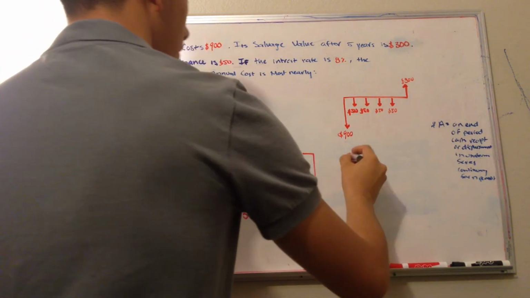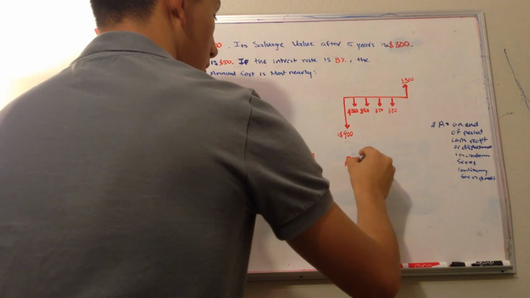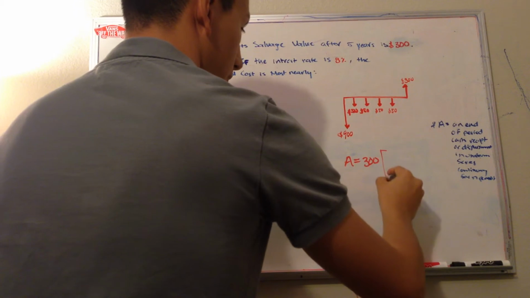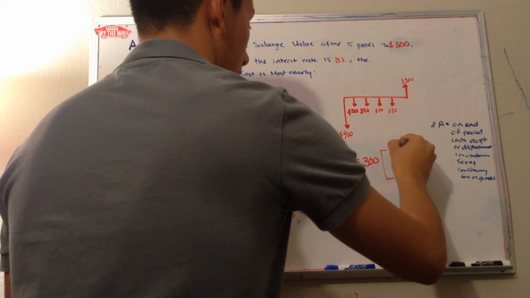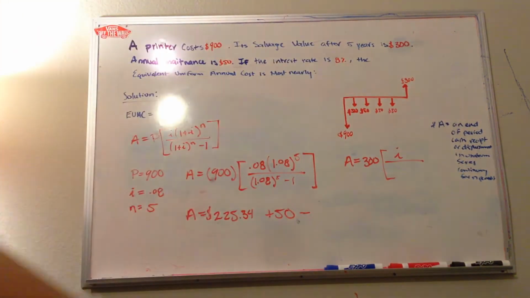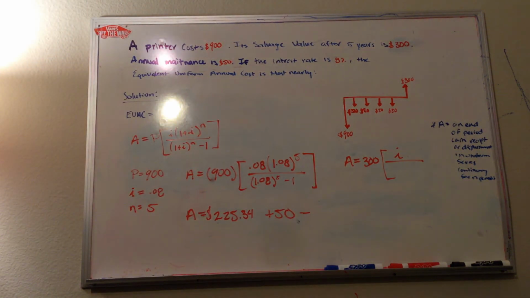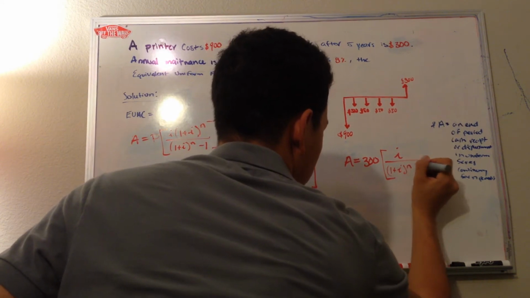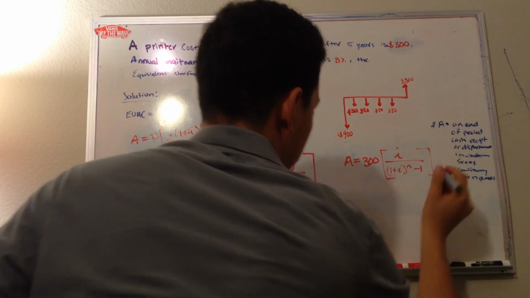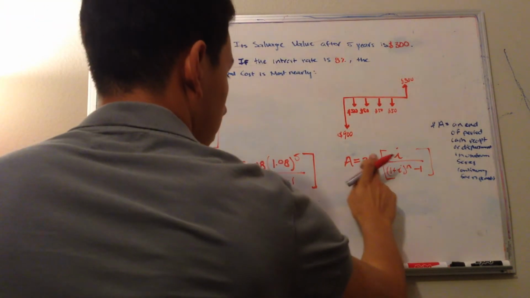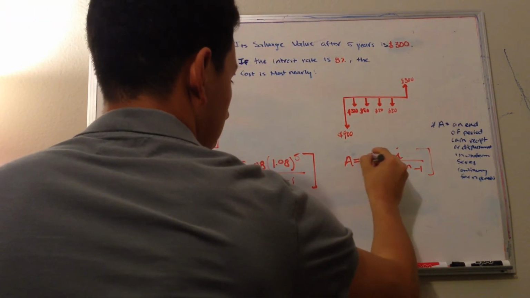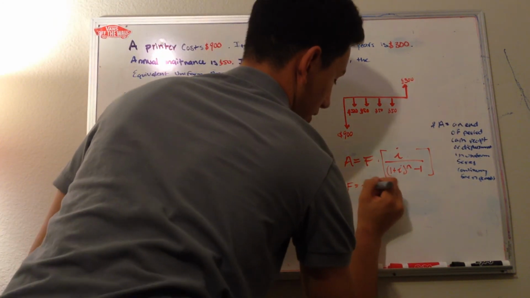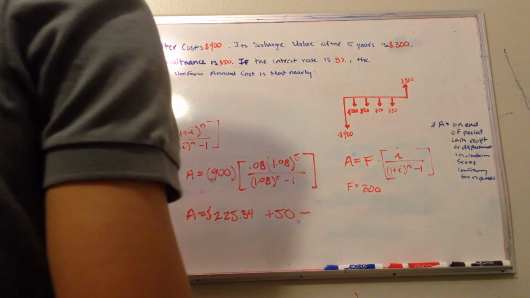And to calculate that, we're given the future value, which is 300. And this is going to be i divided by (1 plus i) to the n minus 1. That's our formula. Well, we'll put an F, where your F is 300, and your i and your n is the same as here.